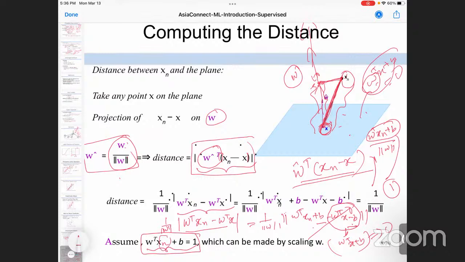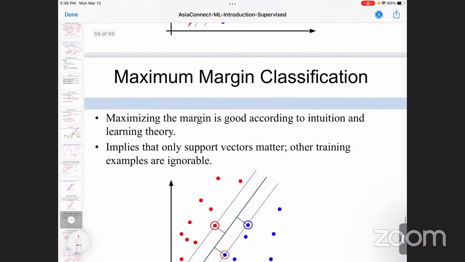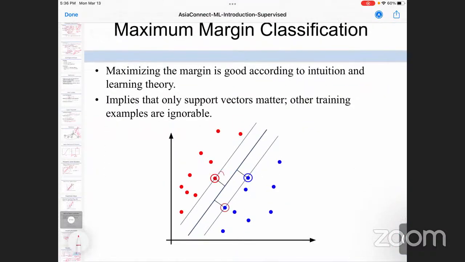Because your xn is fixed, you can change the other parameters to make it 1. So then the distance is 1 over the norm of W. This is our nearest point, and this is your separating plane. The distance is this one. Then what should be this one?